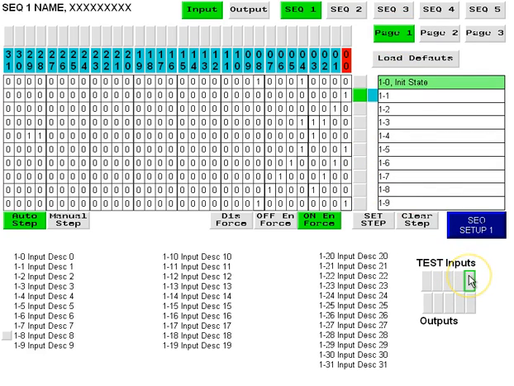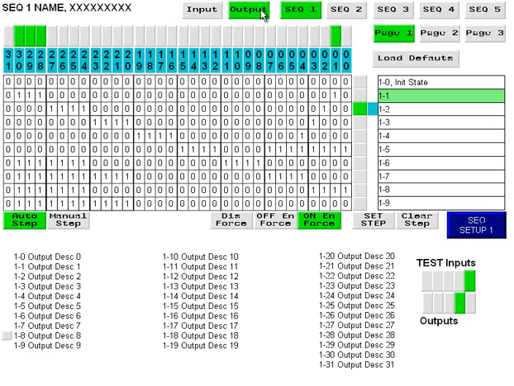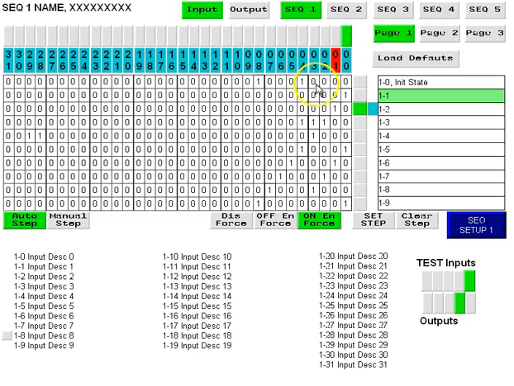Let's set a bit. The state advances. Let's look at outputs for any particular state. Certain outputs will turn on as configured. Back to inputs.